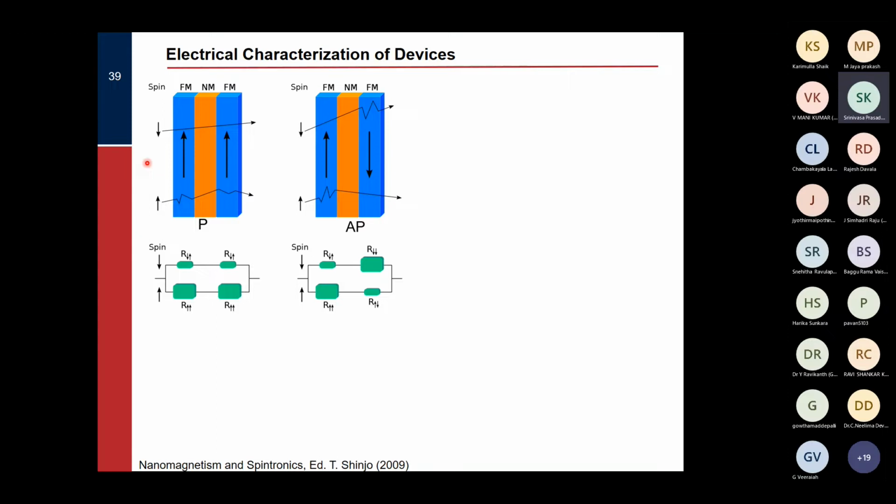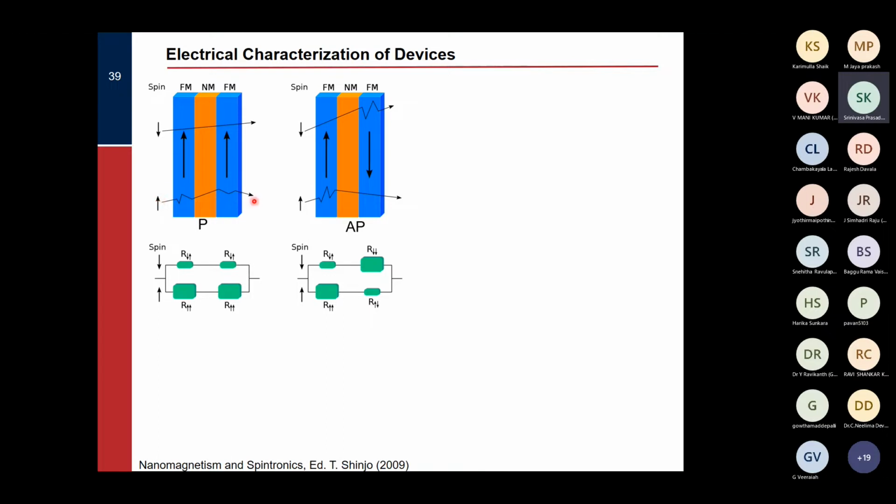Now let's say the spin is up. It will see that this layer is up, and here also it is up. So it will face very little resistance, and it will see a similar environment from left to right. So it will easily pass. These up electrons will easily pass.